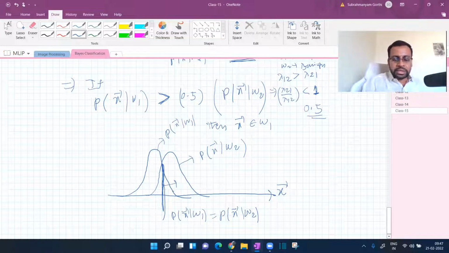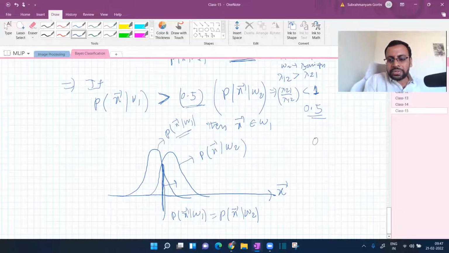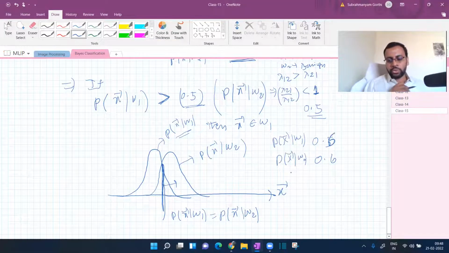Consider this. Suppose these are the same, for example. From here, probability of x bar given omega 1 is less, but you are already making it half. If this is not very clear, just consider some numbers there. Both are the same, for example 0.5 is one, or maybe 0.6. This is probability of x bar given omega 1, probability of x bar given omega 2.